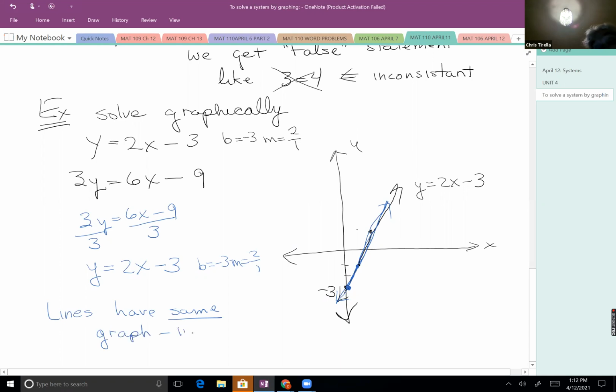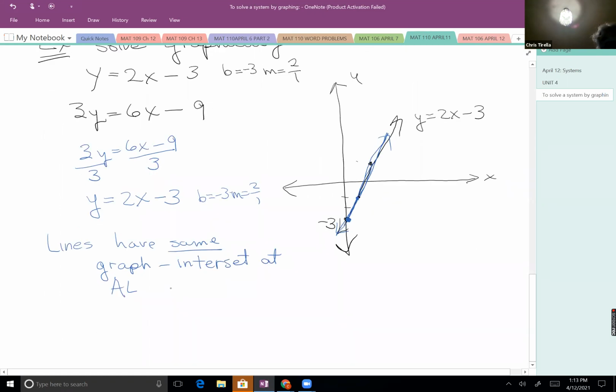they intersect at all the points on the line. It tells me that I have infinite solutions.